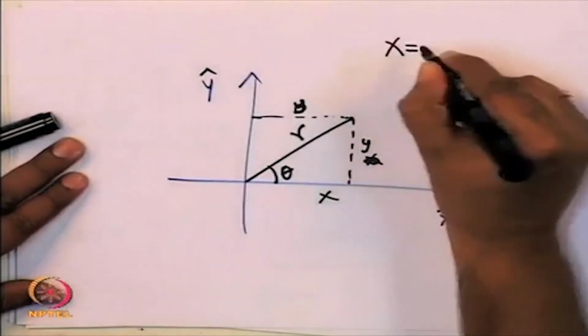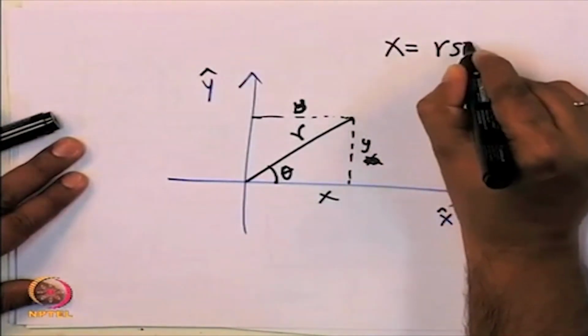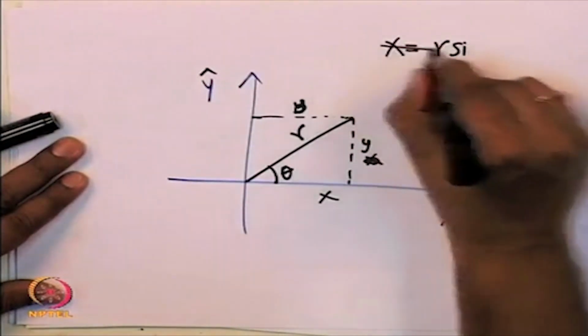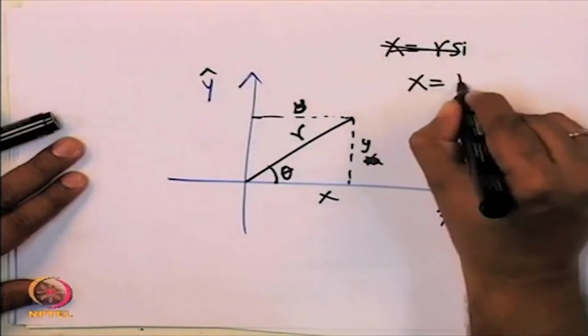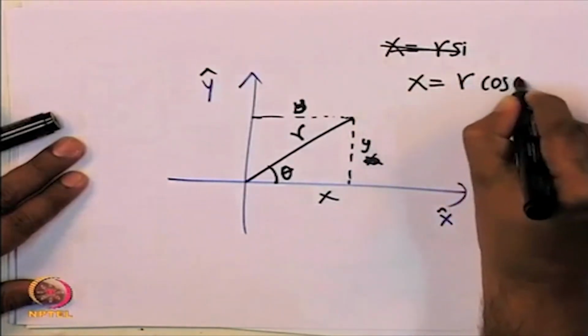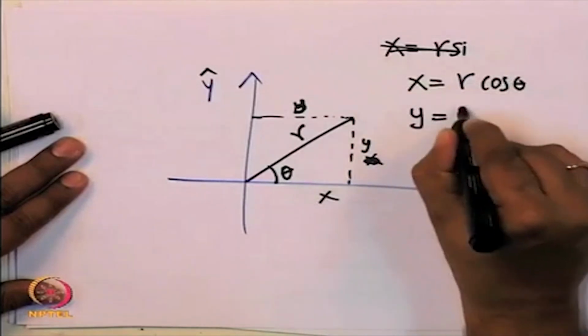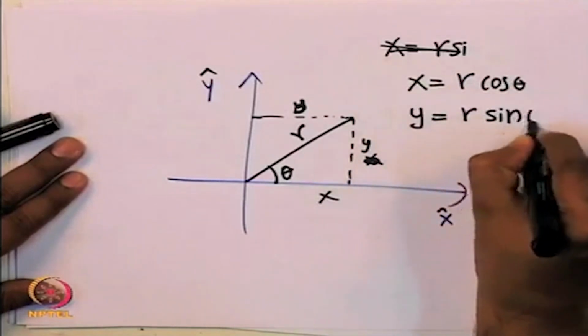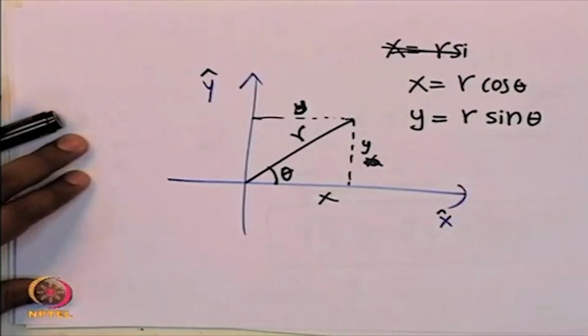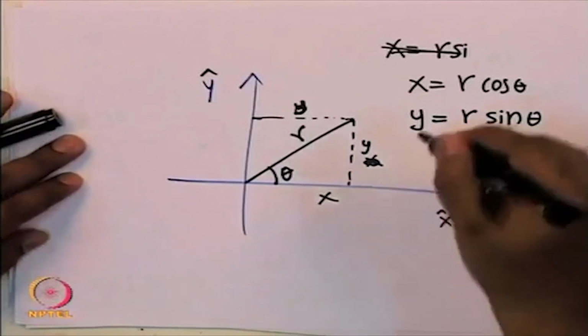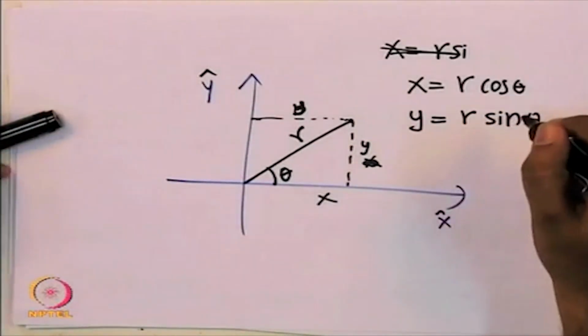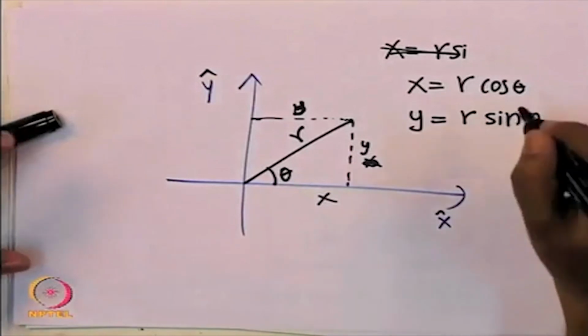We just said that x is equal to r cos theta, and y is equal to r sin theta. Now, let us check this using some trigonometric idea that we know.